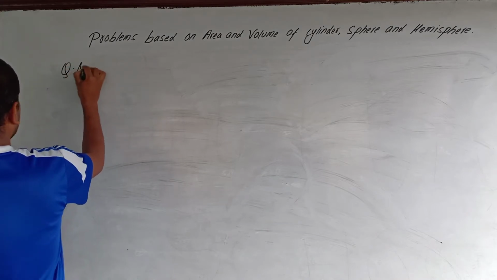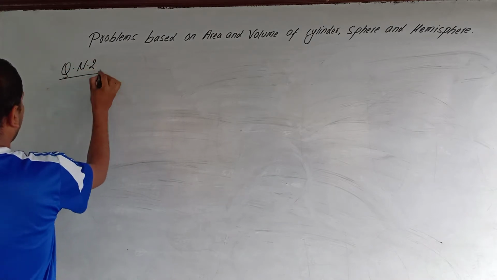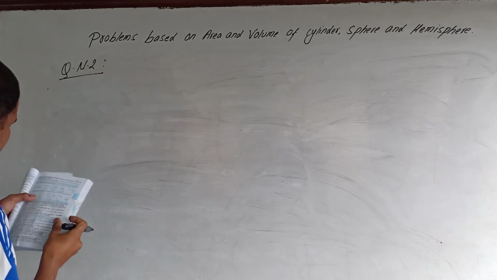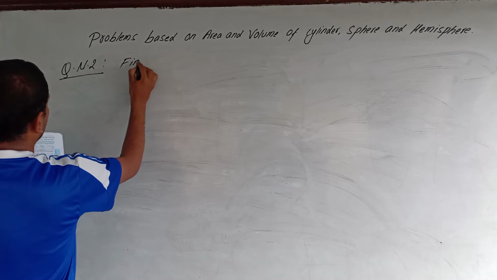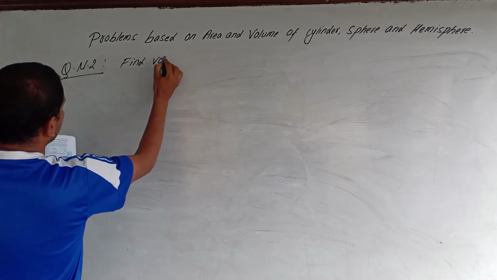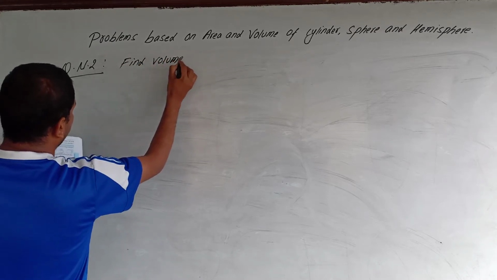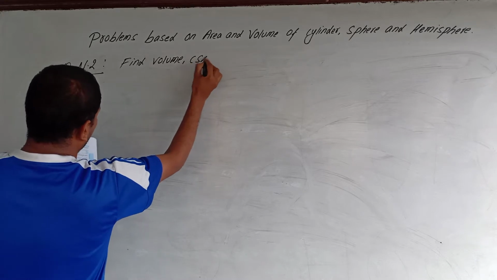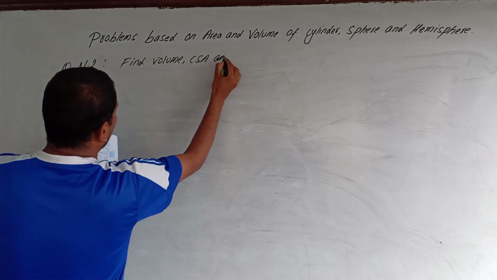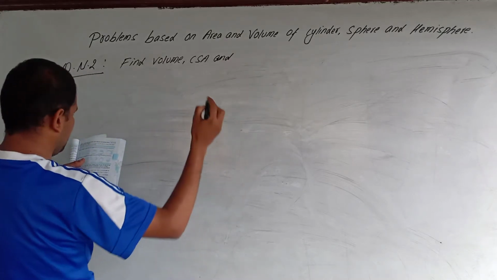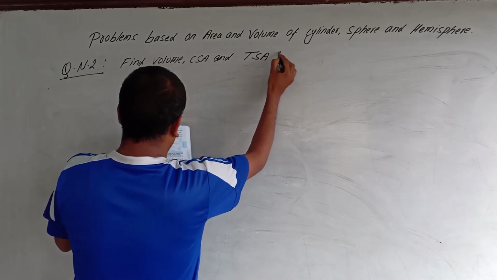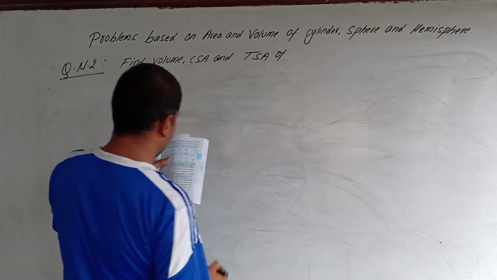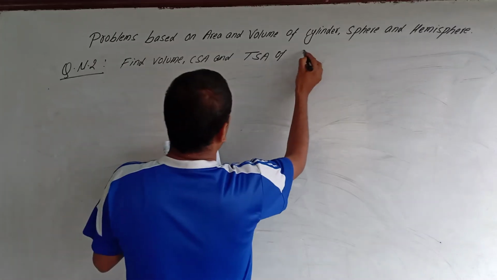Here it is given that find volume V, curved surface area C and total surface area T of the given solid object.